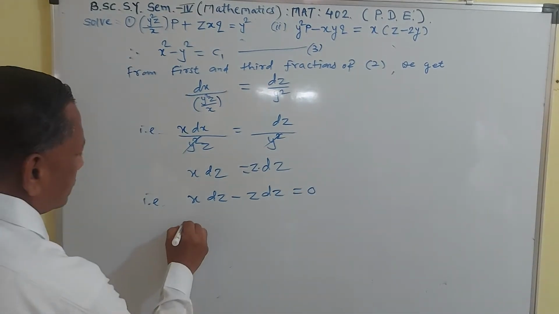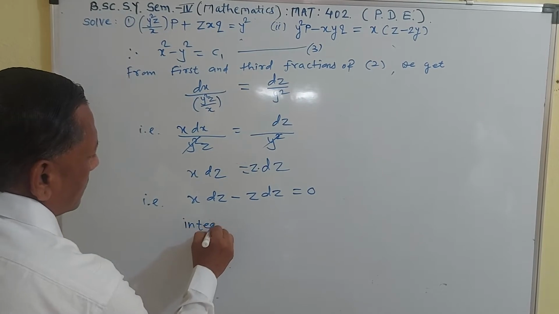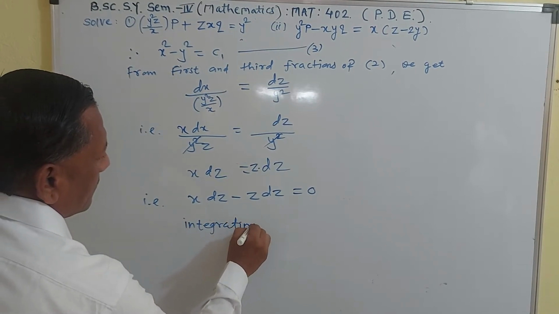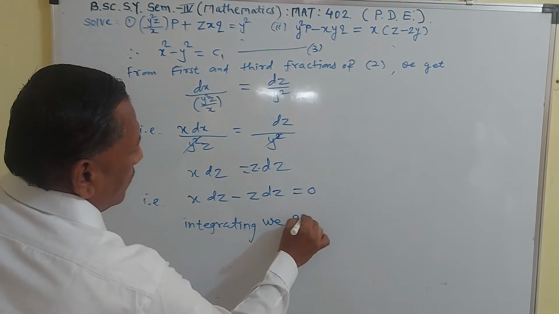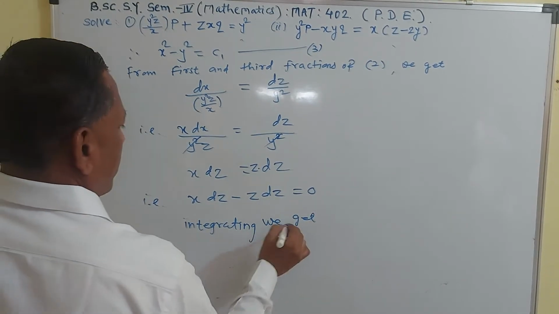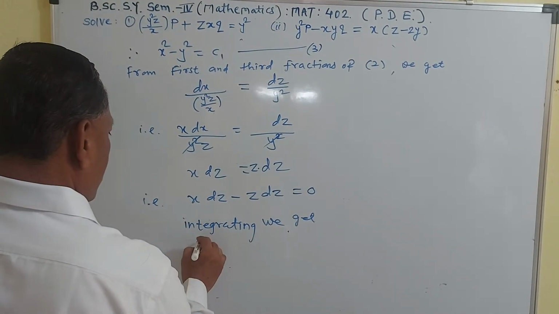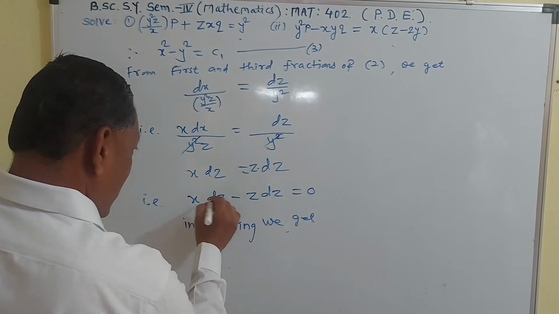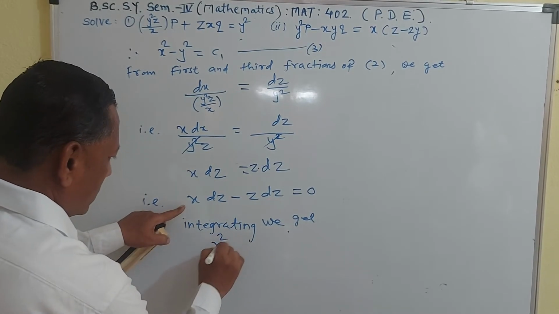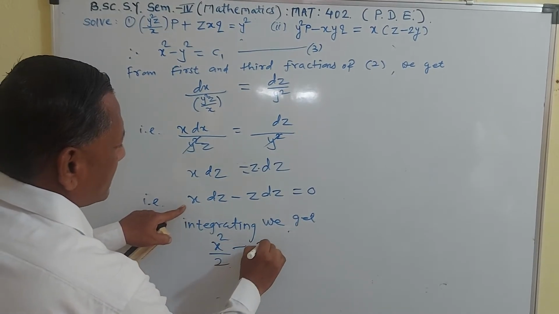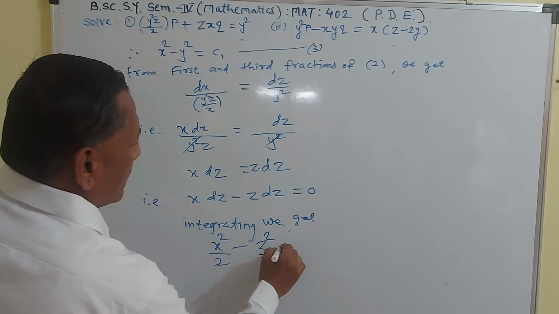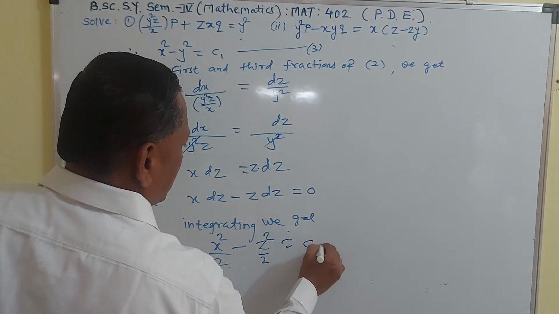Integrating we get x square by 2 minus z square by 2 is equal to some constant c dash.